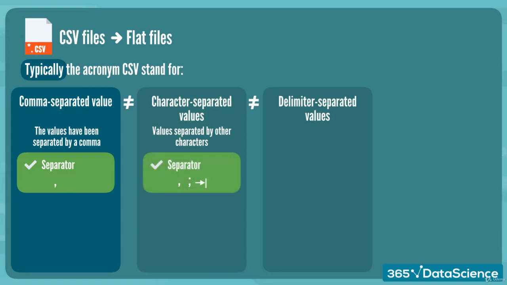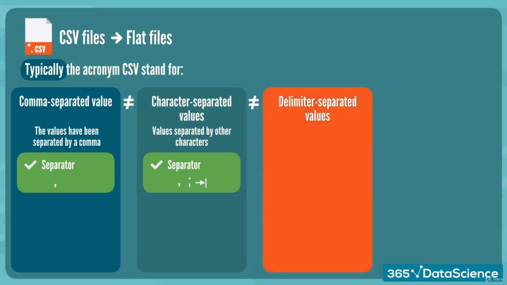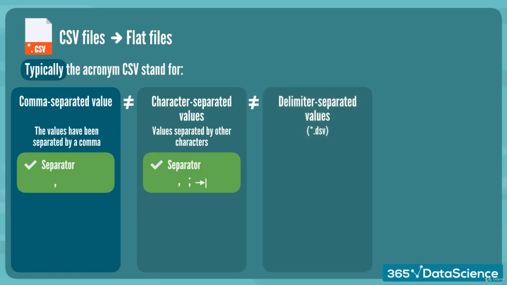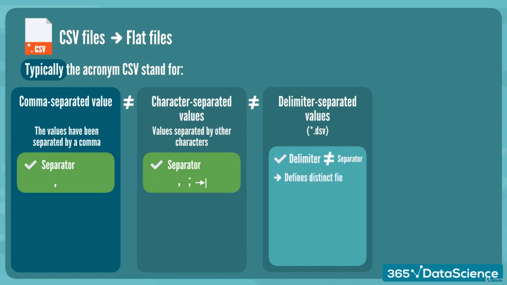Apart from that, you may stumble upon another term, delimiter-separated values, or DSV. That sounds confusing on its own already, even before I tell you that a delimiter and a separator are not the same thing. Delimiters are a bit different from separators, as they are not exactly intended to separate the values. Actually, their function is to define distinct fields like cells in a row or rows in a table.